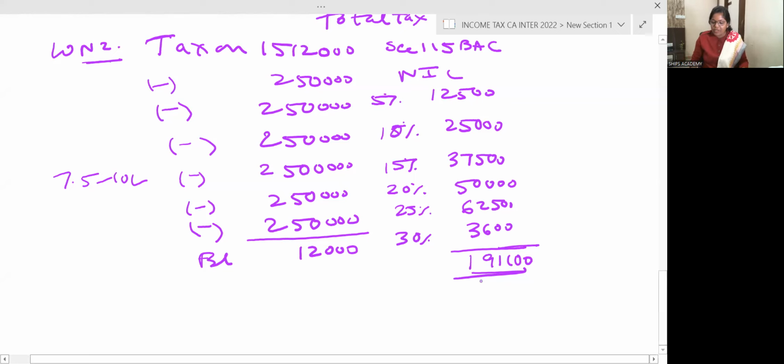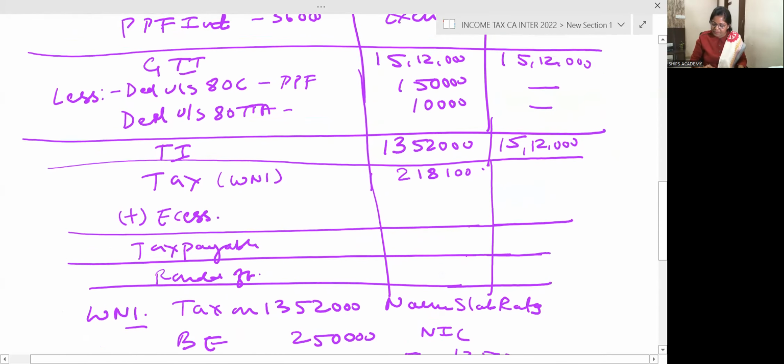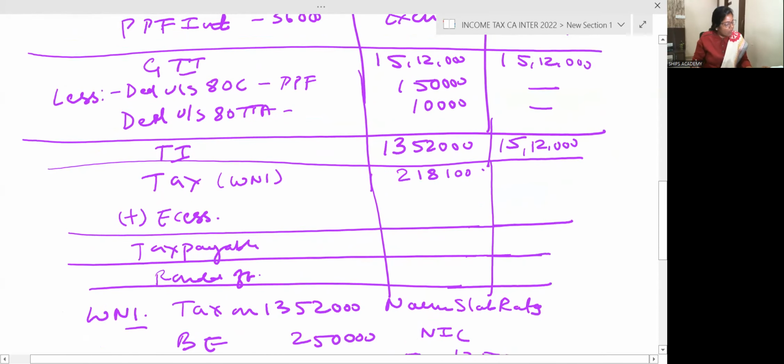So this is clear. 191,100, 191,100. This is your tax. Come here, please, all of you. If you go for alternative tax regime, your tax is 191,100. ESS is 4% anyhow.